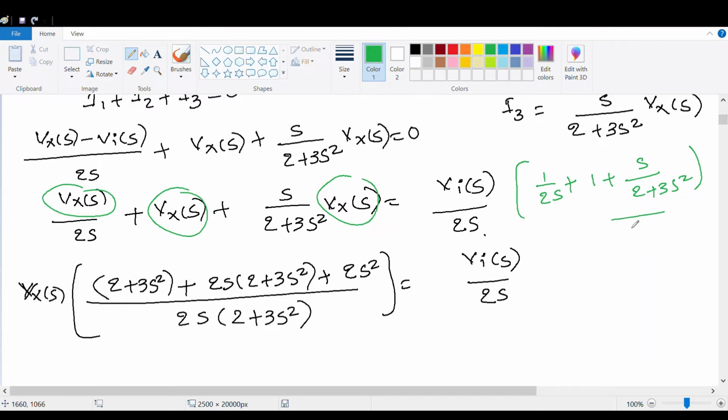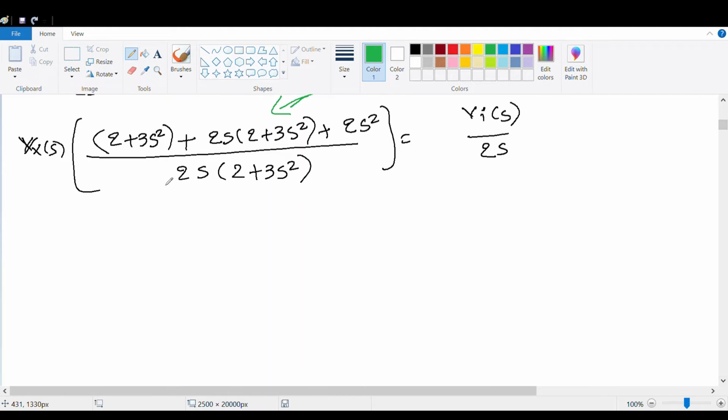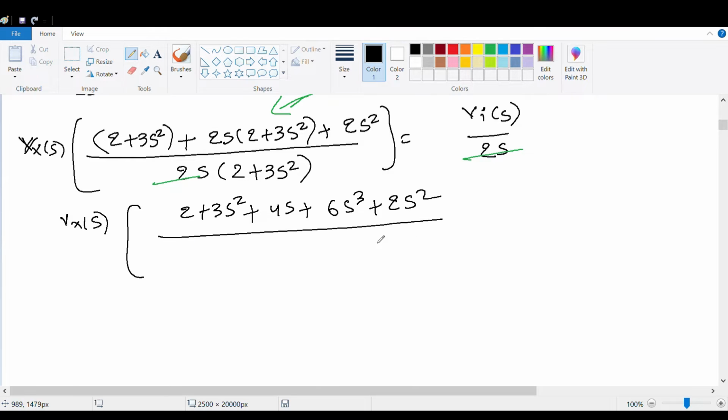For that I took the LCM and I got this. Therefore now cancel 2s on both sides. So we will have Vx of s times 2 plus 3s square plus 4s plus 6s cube plus 2s square, by 2 plus 3s square, into Vi of s.